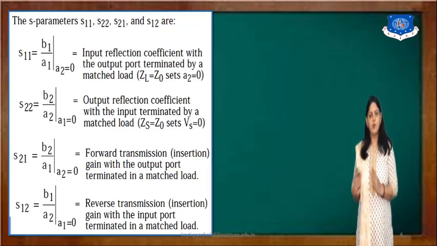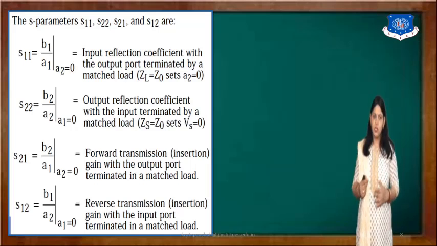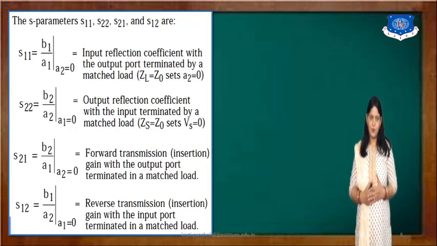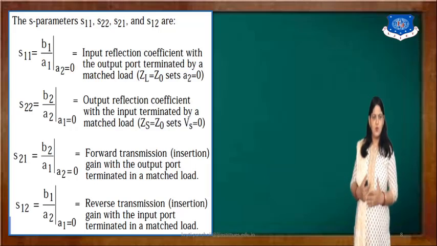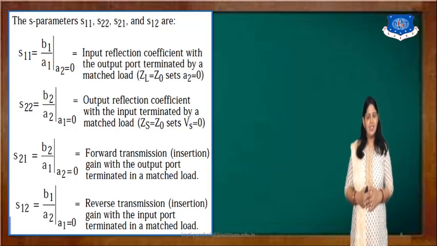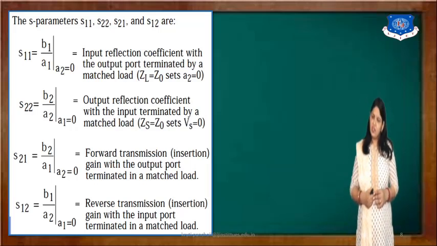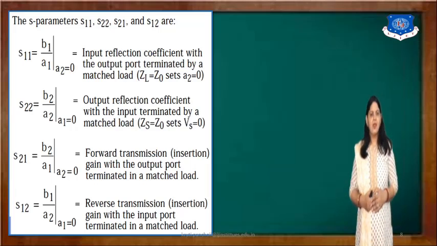If the output port is terminated by the matching load, then the value of A2 becomes 0. At that time S11, the input reflection coefficient, is B1 upon A1. B1 is the reflected wave at port number 1. A1 is the incident wave at port number 1.